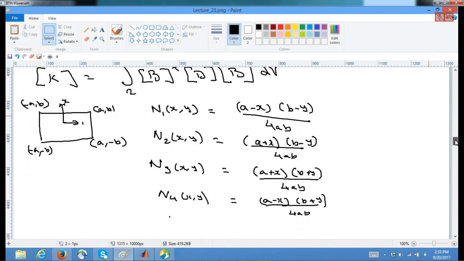Before I proceed further, I need to also differentiate them with respect to x and y.